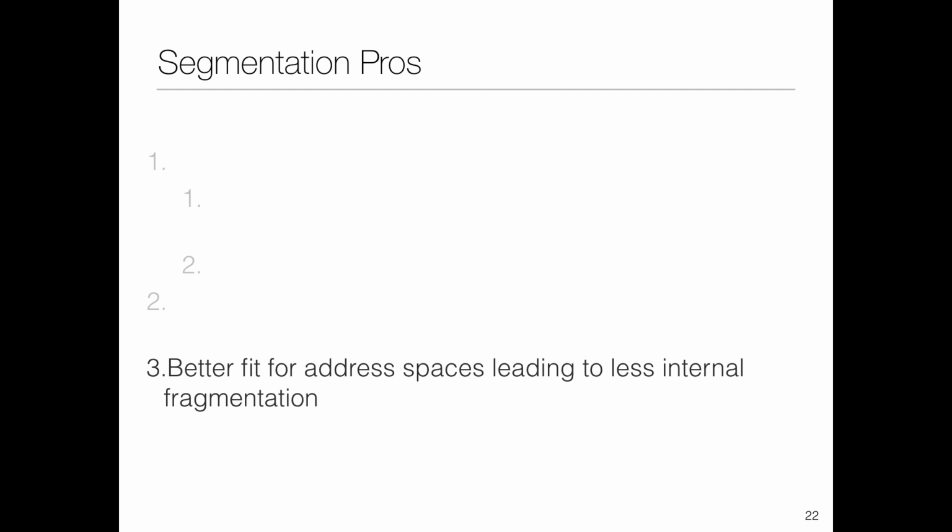So in terms of internal fragmentation, let's say we gave this to the code segment, we gave this to the heap, and we gave this to the stack. So what happens with the space?